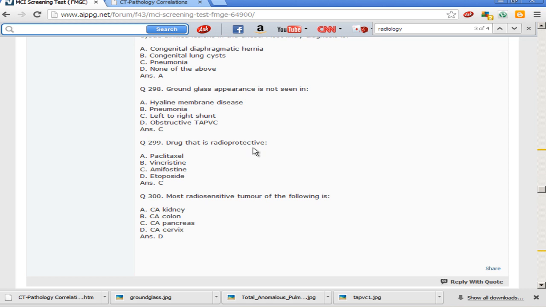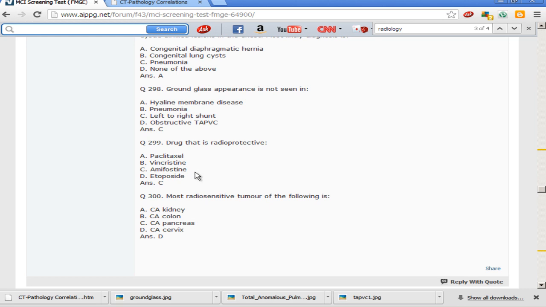I remember them by the mnemonic PAEZ: P stands for pentoxifylline, A for amifostine, E for etanidazole, do not confuse it with etoposide, and Z for zinc oxide. I'll repeat: PAEZ, P for pentoxifylline, A for amifostine, E for etanidazole, and Z for zinc oxide. These are the radioprotective agents. Their names are given on page 689 in Sure Success Magic. You can find it in many other books as well.